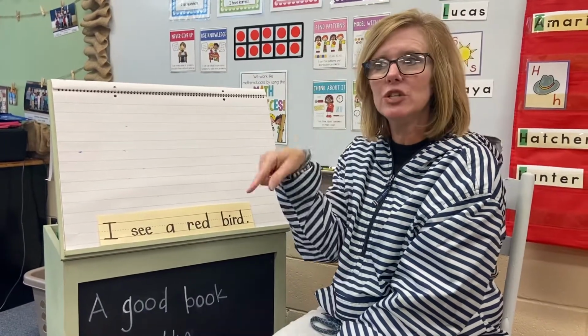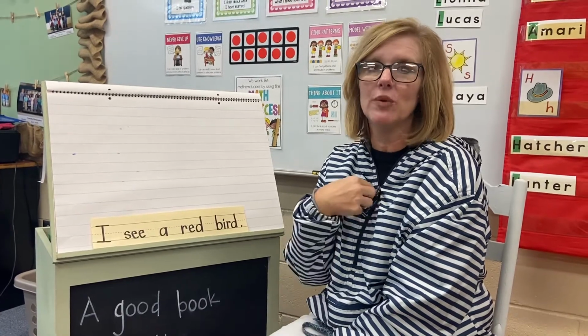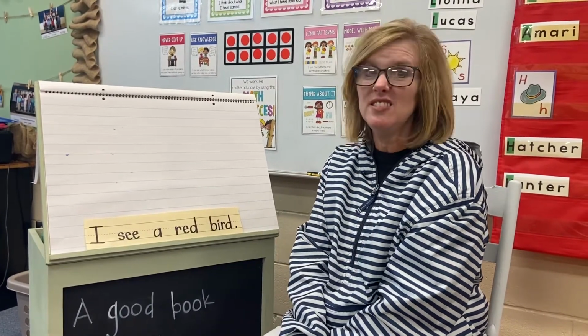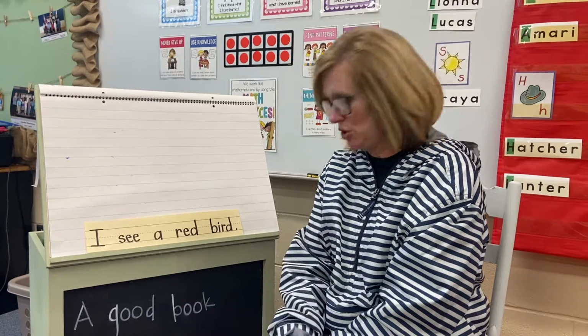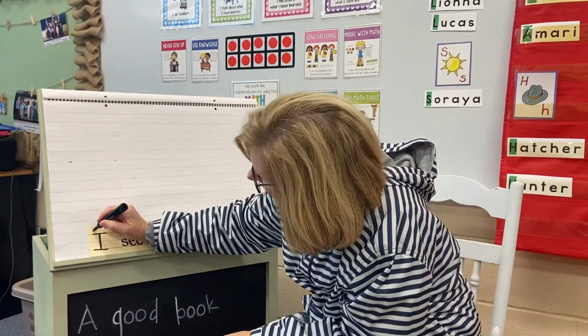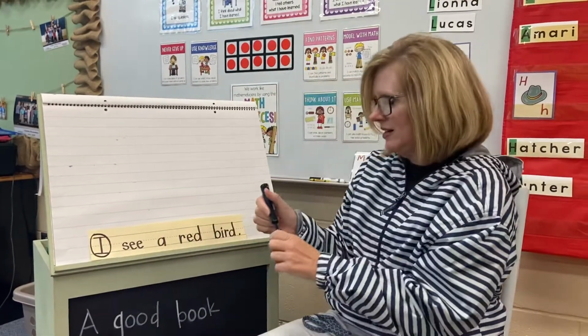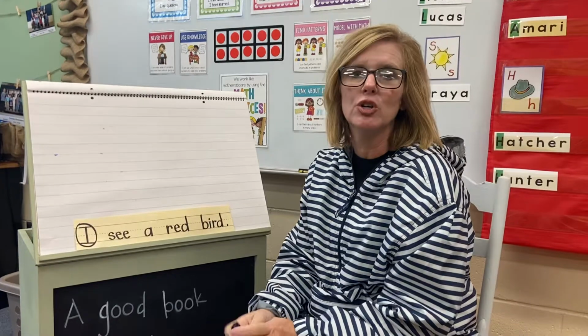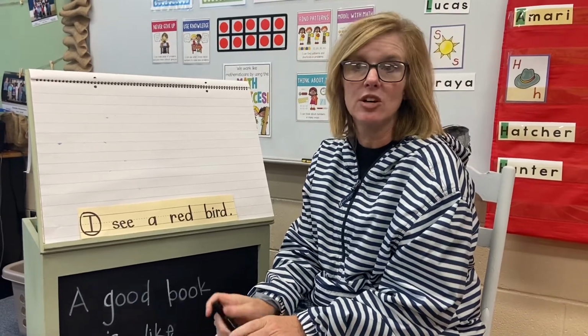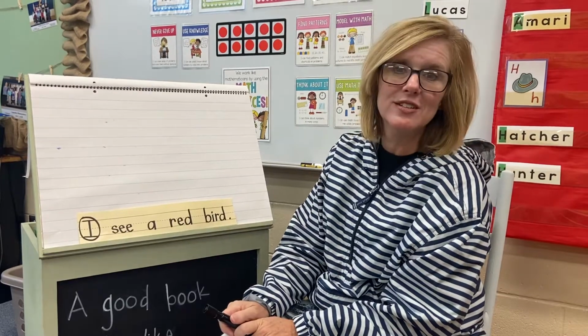And when I first look at a sentence, I want to see if there's anything that I already know. Well, I see something that I already know, and I hope you do too. I see the word I, and I'm going to circle it right here. Now that's a sight word that we learned when we read I See Colors. And it's in this sentence too.